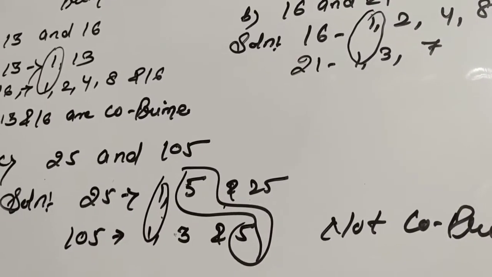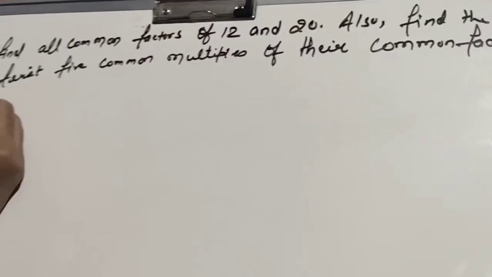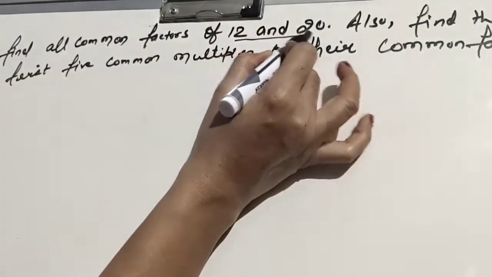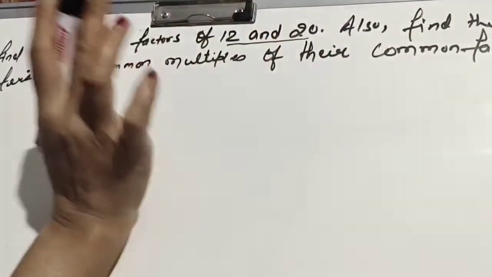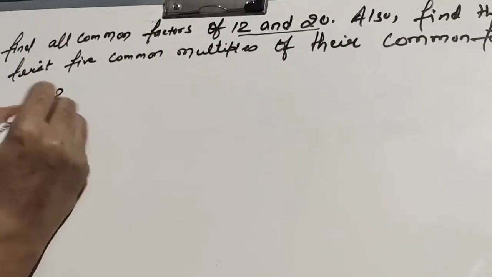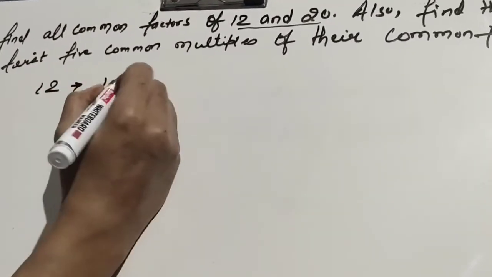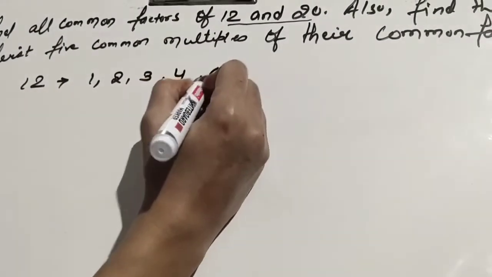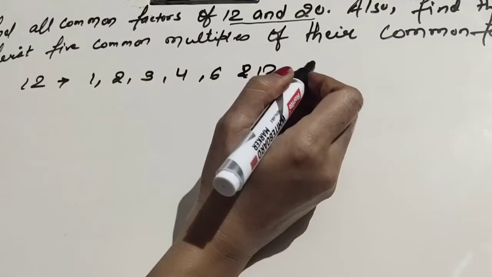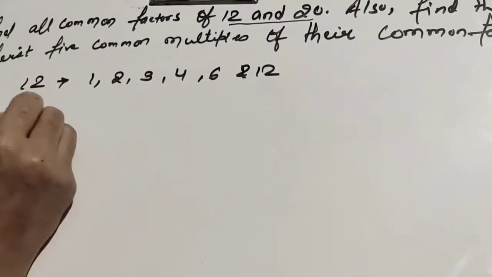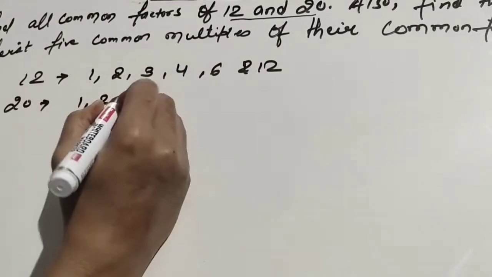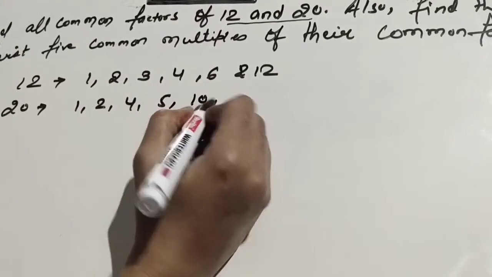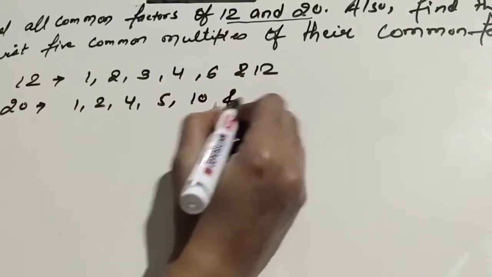Now the next question, question number 5. Find all common factors of 12 and 20. First of all, we will find the common factors. Simply write 12: 1, 2, 3, 4, 6 and 12. Clear? Now 20: 1, 2, 4, 5, 10 and 20.